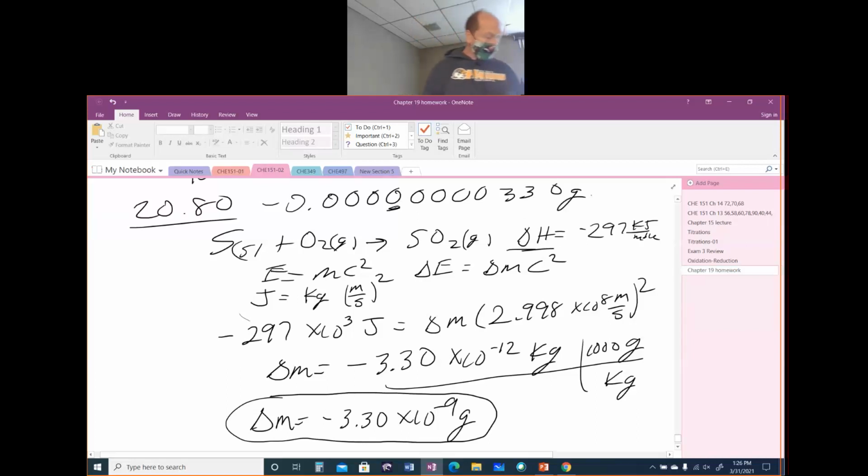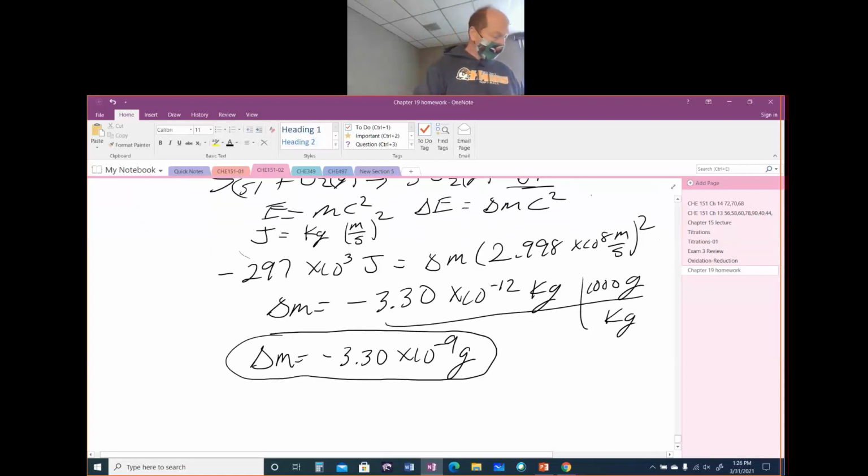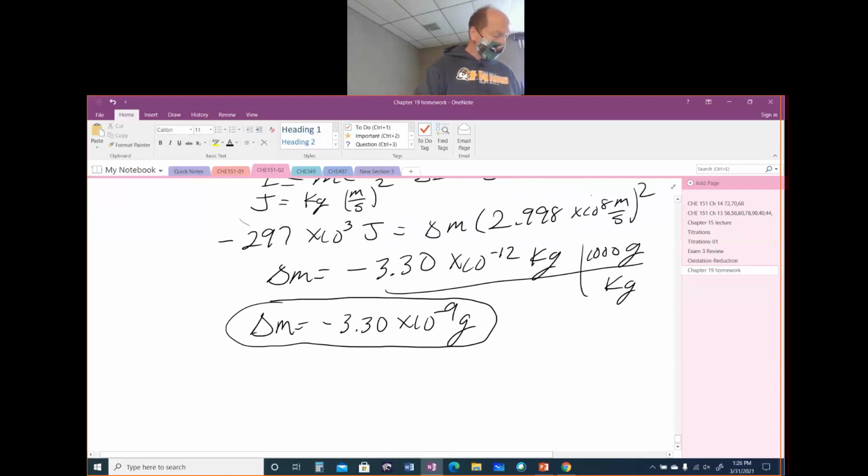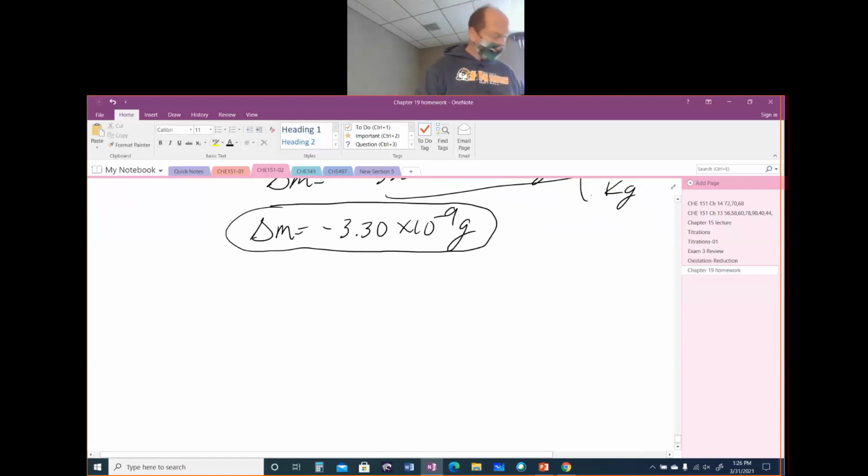Now we're going to do some calculations with nuclear reactions and see that these are significant masses, much higher energies. Nuclear reactions produce much higher energies.